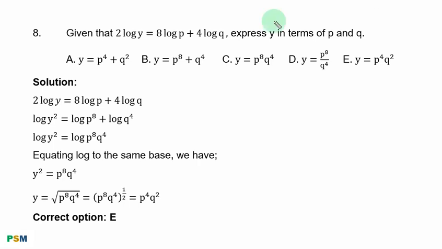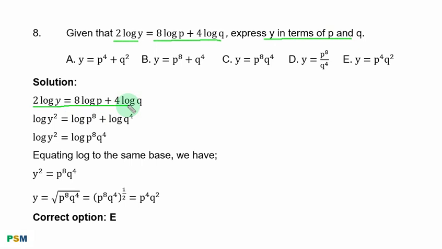Question 8. Given that 2 log y is equal to 8 log p plus 4 log q, express y in terms of p and q. Solution. This is the given log.